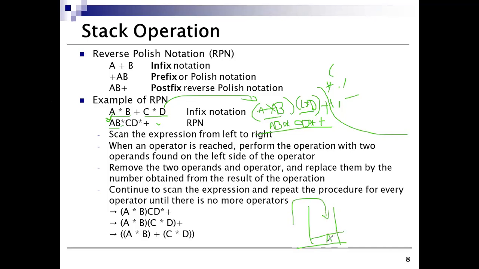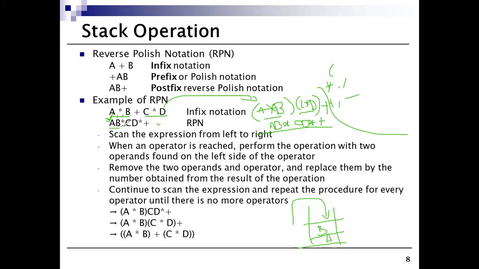So I'll be placing first A. After that, the second operand, that also I will place. After that, star, it means an operator. You have to scan the expression from left to right. If it is an operand, we will be pushing that onto the stack.